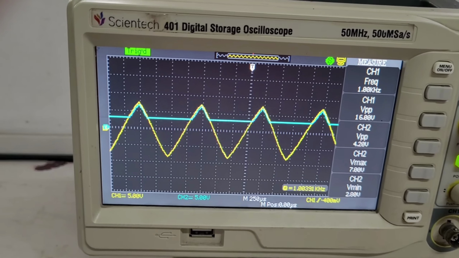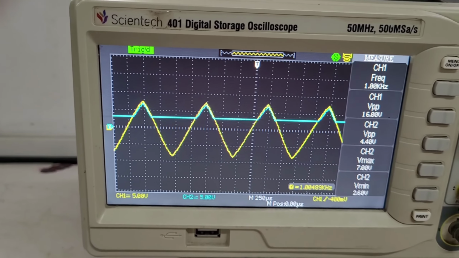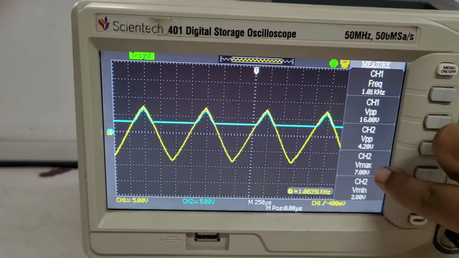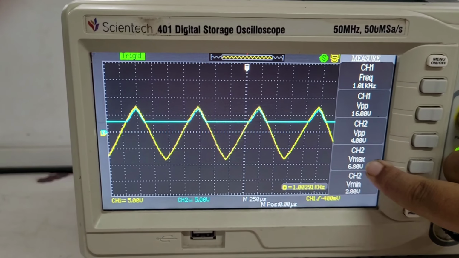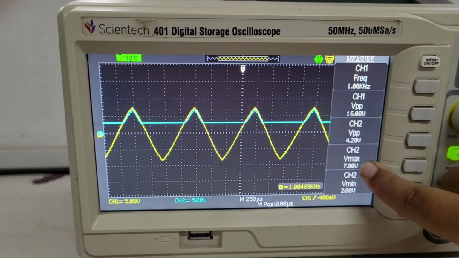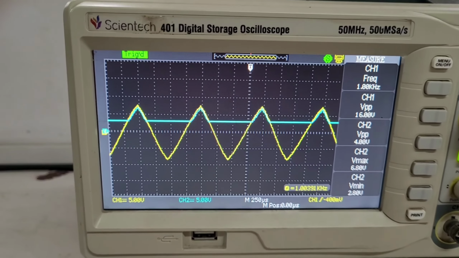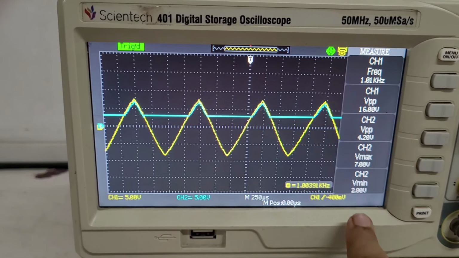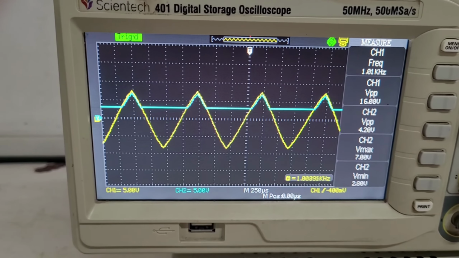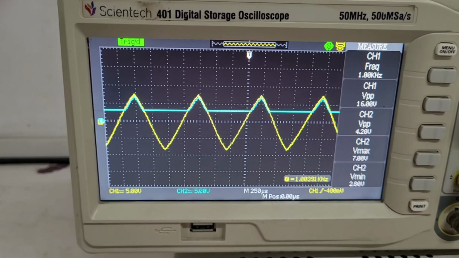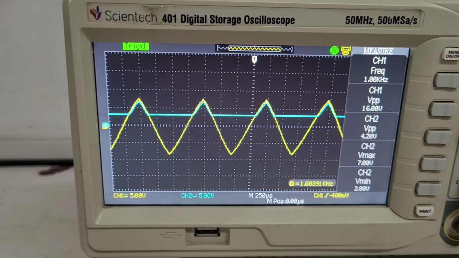The output waveforms, as we can see, channel 2 maximum voltage Vmax is around 7 volt, and V minimum is around 2.8 volt. So in this way, this circuit is clipping the negative portion up to the positive bias voltage, that is 3 volt.